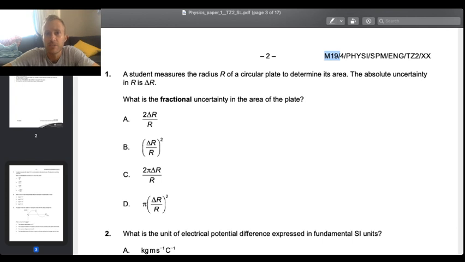So I'm doing 2019 May, time zone 2. Today I'm working out the even problems. Yesterday I did the odds, and today I'll be working out the evens. If you have any questions, ask them in the live chat and I'll be happy to answer them.